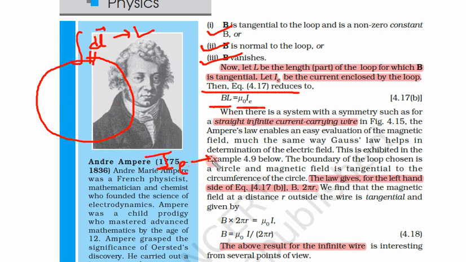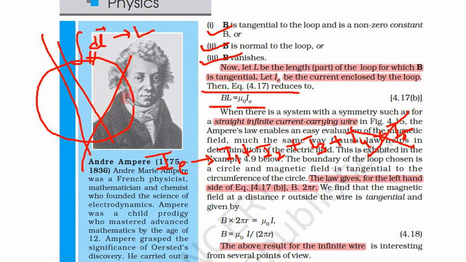Because we know that it is not the total current, as we have seen in previous example that current was I1 plus I2 plus I3, not I4 and I5. This was not the current which was in the loop.